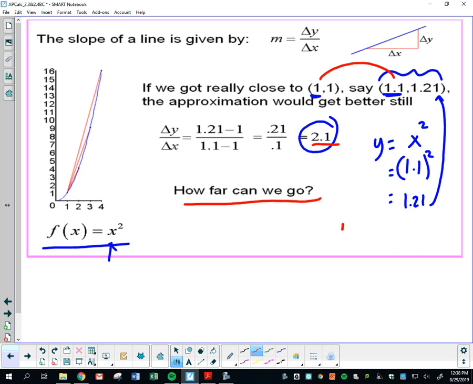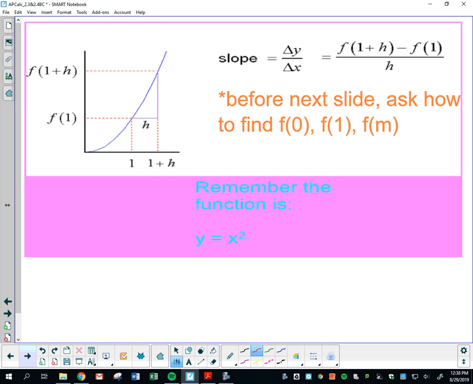I just can't go from 1, 1 to 1, 1 because I get a 0 over 0 slope, which is undefined. So one trick is to approximate it. It looks like it's approaching 2, so my guess is that the slope would be 2 or close to 2. But the trick is to use just a general notation.